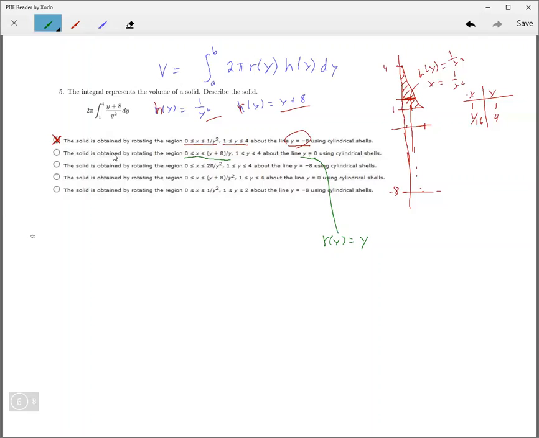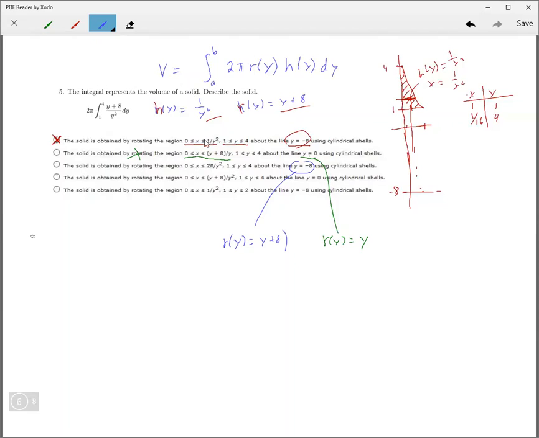And you never get the y squared, so that's going to be wrong. This one, let's see, the third one. Yeah, here the radius would be y plus 8, or could be. Yeah, that's what it would be. Right here, 2 pi over y squared. Oh, the problem is the 2 pi.